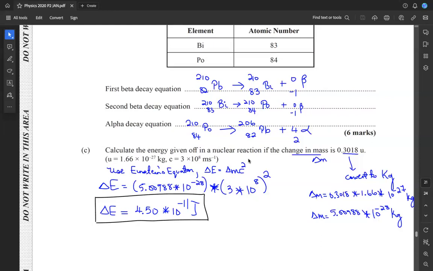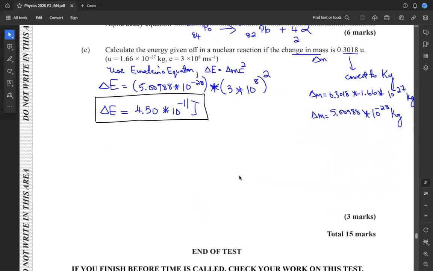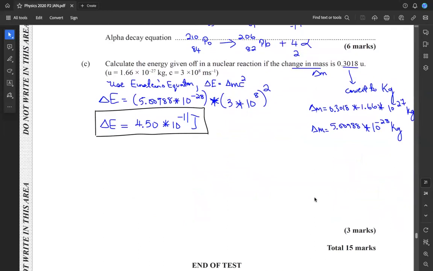But the key thing that you have to remember is that if they give you the mass in just atomic mass units or U, you'll have to convert that to kilograms first. And they give you that equivalence of 1.66 times 10 to the negative 27 kilograms. So just keep those things in mind whenever you're faced with a question of this nature, and you'll always be fine, okay? So that was worth 3 marks, a total of 15 marks, and we are done with this question.